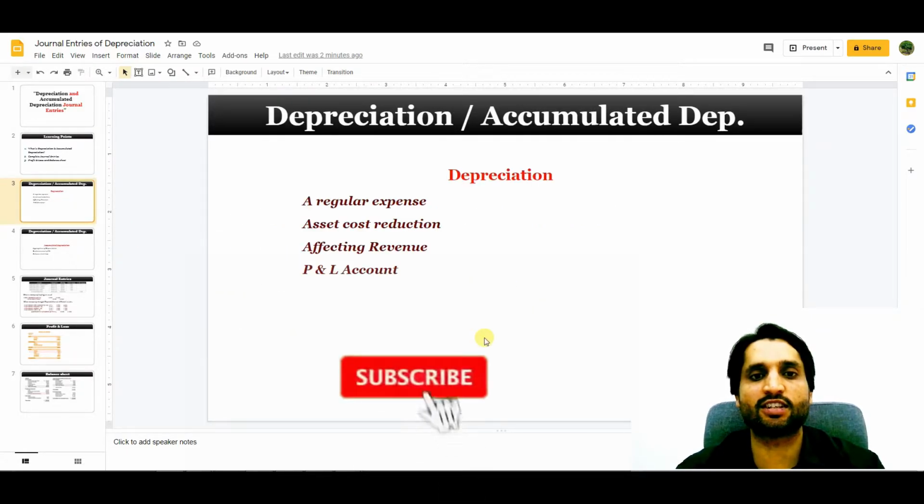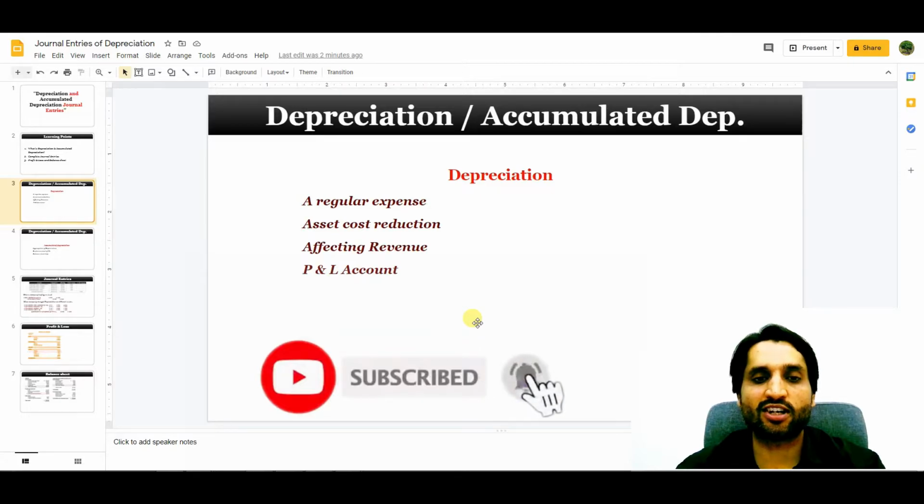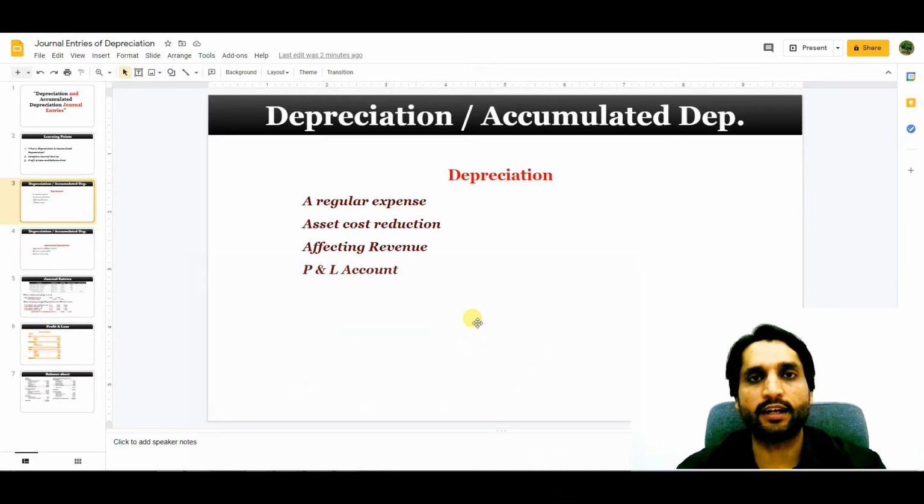First of all, depreciation. Depreciation is a regular expense, monthly, quarterly or annually, that every company charges against an asset. It is an asset cost reduction. As long as we keep using the asset, its value keeps decreasing.